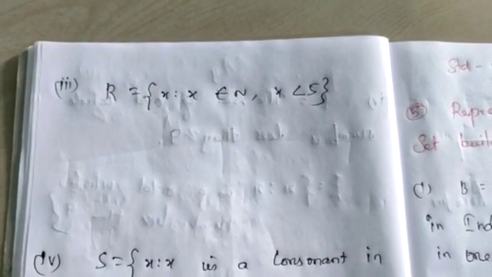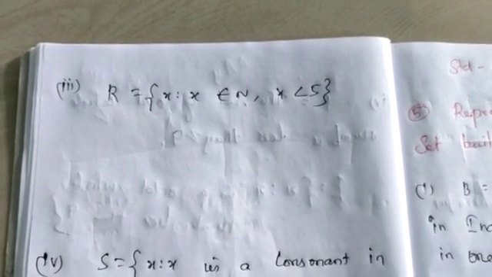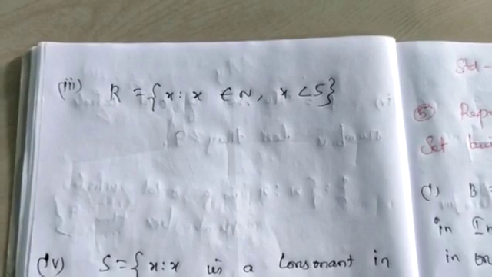Just see the third one. R is the set R equal to x such that x belongs to natural numbers less than 5.